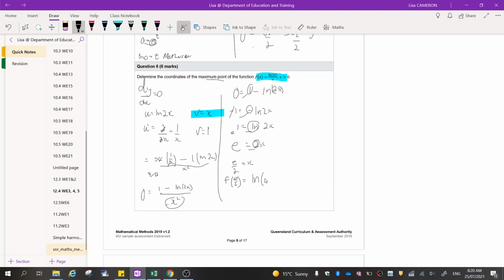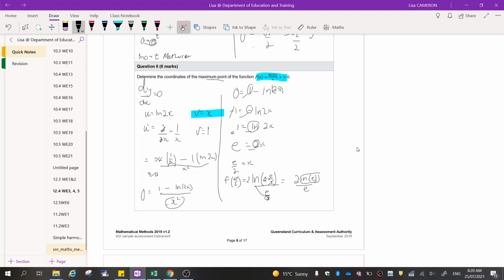ln 2 multiplied by e over 2 divided by e over 2. If it's divided by e over 2, that means that this little 2 is going to come up here. This one is going to cancel that one. So now I'm going to write out what I've got left. So 2 ln e over e.